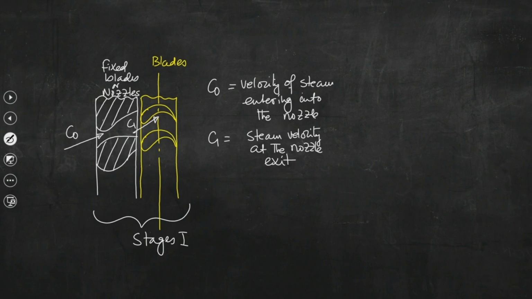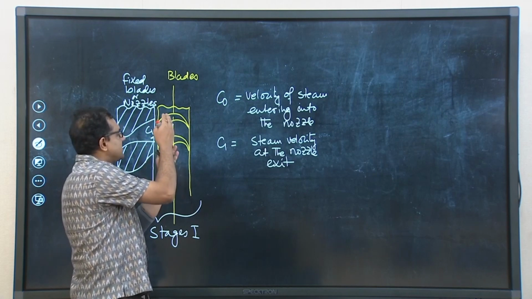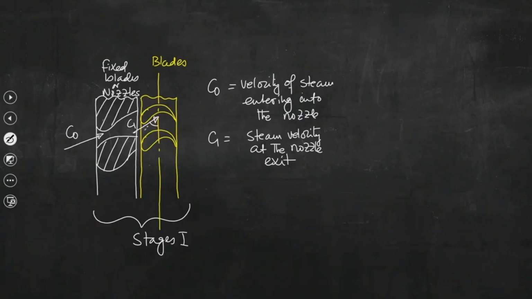Okay. And the steam which is striking the blades is at an angle, say this is alpha. So, this angle is the flow angle, or alpha. So, this alpha is the flow angle.